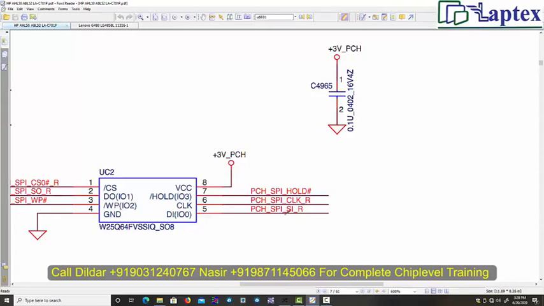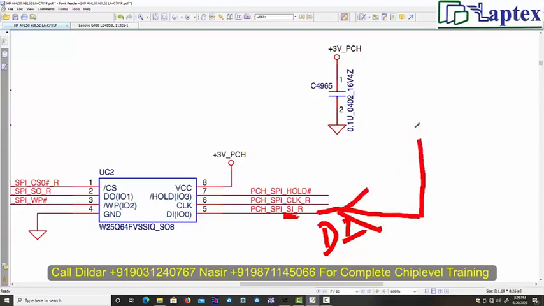So SI is the serial input, or DI could be the name. So data input is the data which is coming from the PCH and entering into the BIOS IC. It could be named SI, serial input, and the data is coming from the PCH.